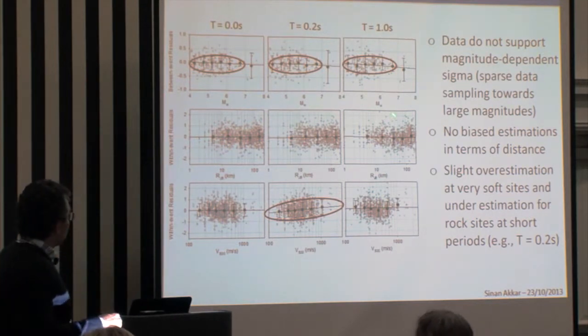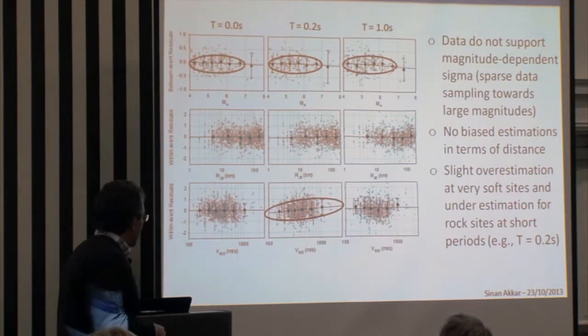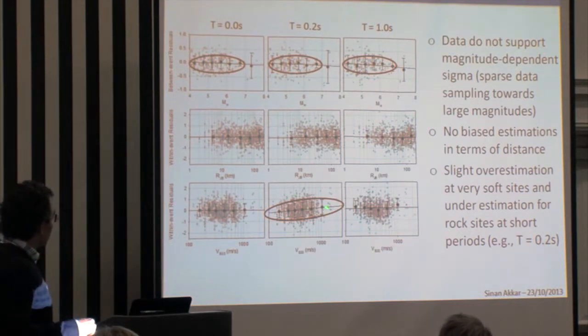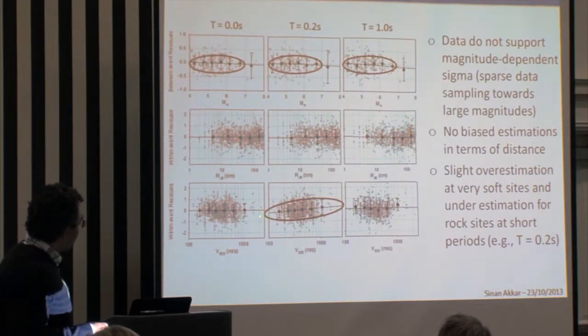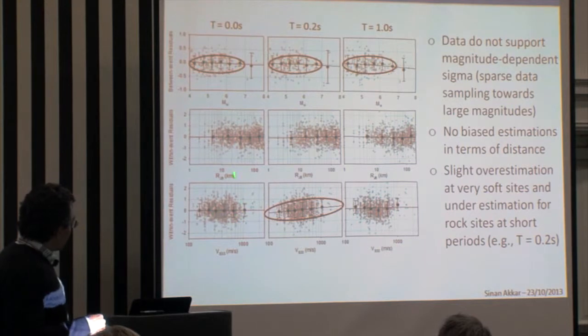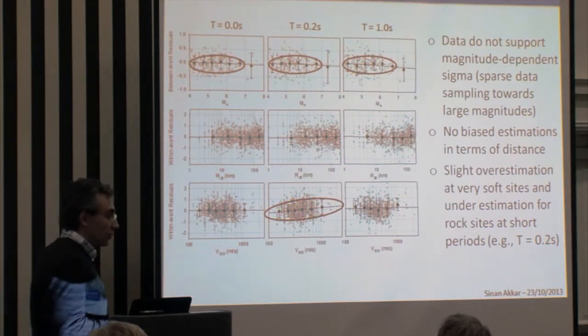As you can see here, there is no bias in terms of distance, and for shear wave velocity, we have 30 bins. Again, for peak ground acceleration and for spectral ordinate at 1 second, we don't show too much bias, but for very short periods like 0.2 second, we have some sort of bias. The model tends to overestimate for softer sites.